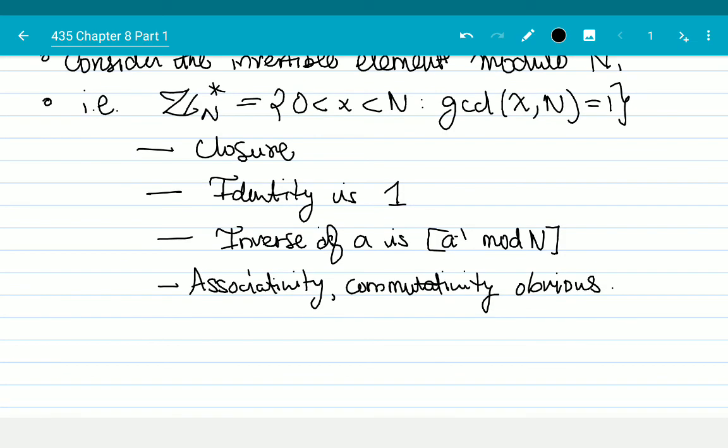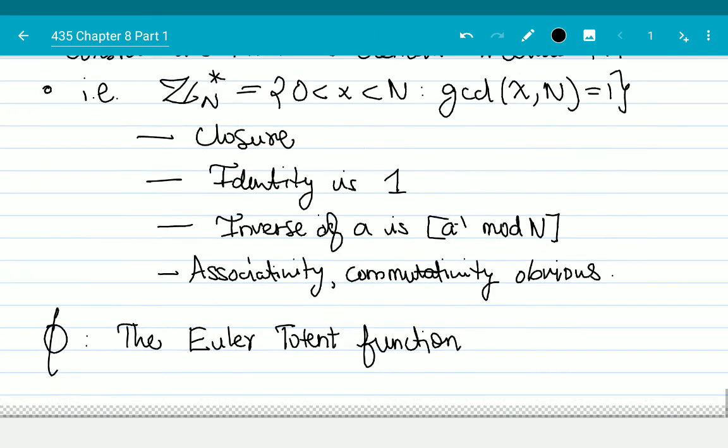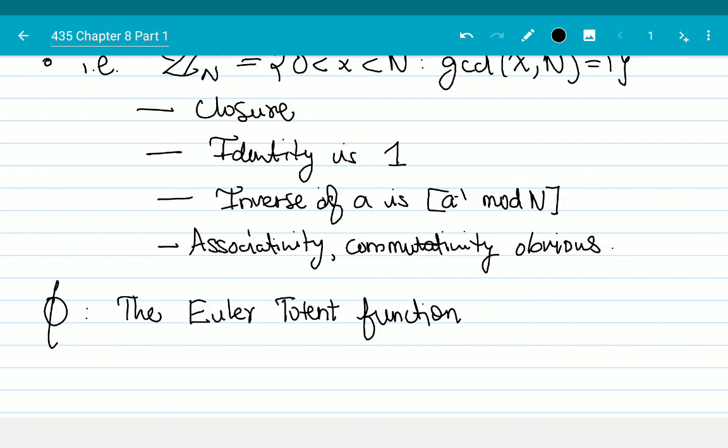Now we introduce a special symbol, phi of n, the Euler-Totient function. What is the Euler-Totient function?